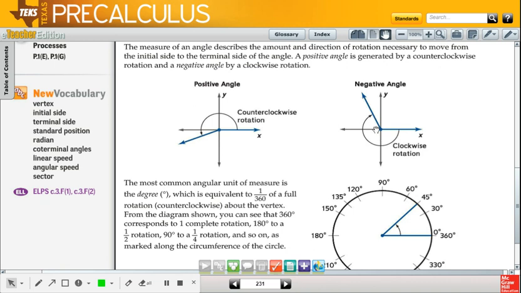So when you are graphing angles, if you have a positive angle, you start from the initial side right here, and then move in a counterclockwise rotation. If you have a negative angle, same thing as the beginning, you start from the initial side, and then you move in a clockwise rotation.